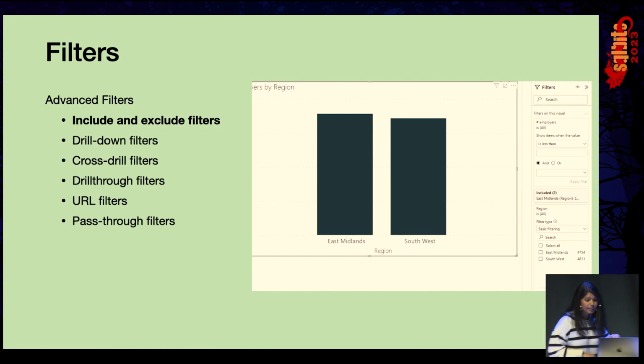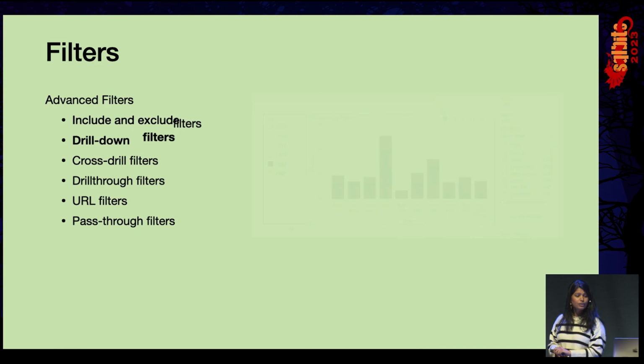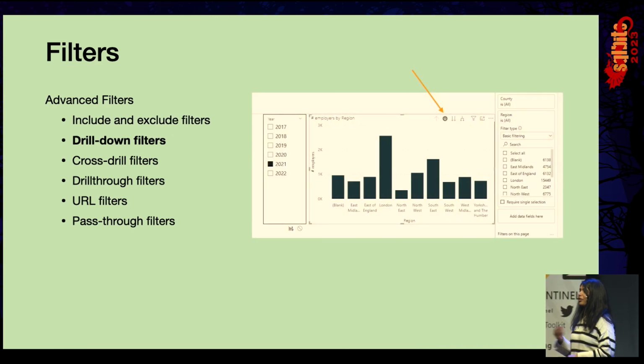The next thing is the drill down filters. The drill down filters apply when we have the drill down functionality. For example, in any visual, you could have more than one level, so from level 1 to level 2. When you go from level 1 to level 2, it automatically applies the drill down filters. Those also get added automatically.